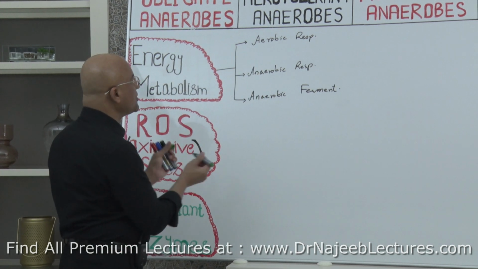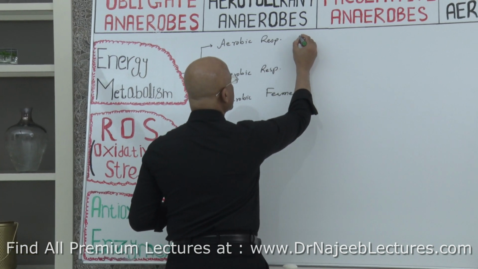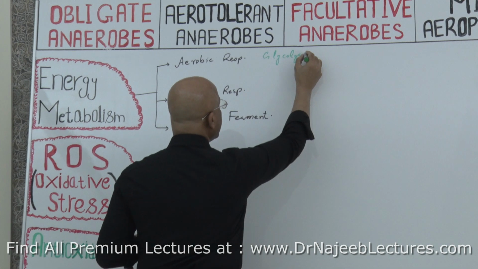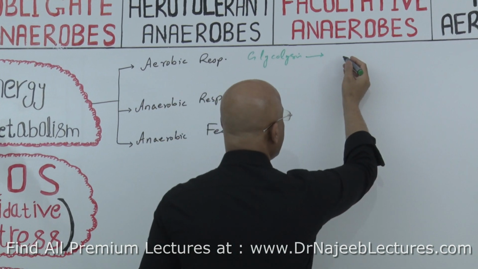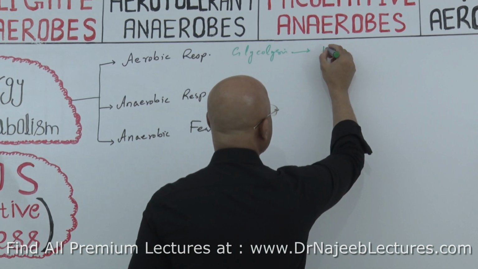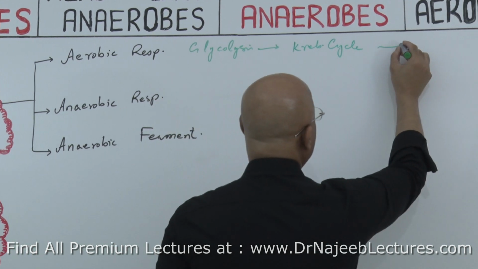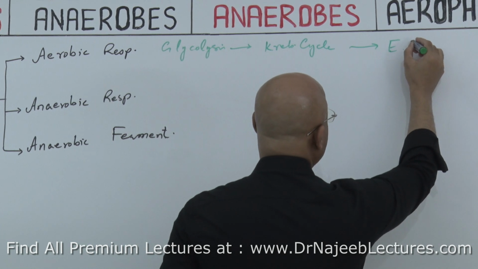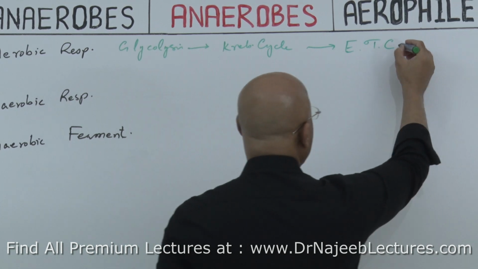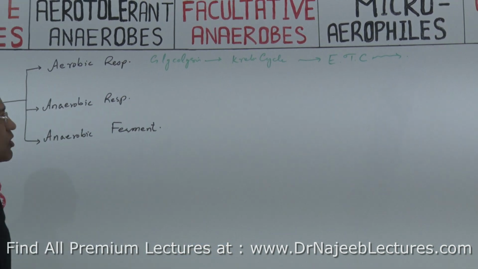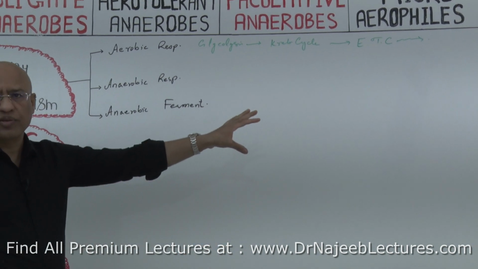In aerobic respiration, glucose passes through glycolysis and then pyruvic acid is made, which enters the Krebs cycle and then the electron transport chain, and eventually electrons are accepted by oxygen.